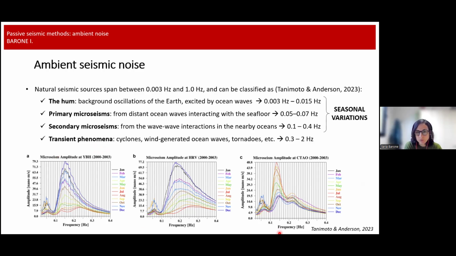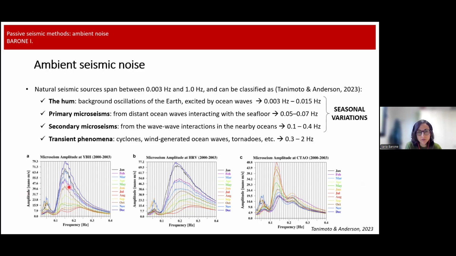What you can see from this plot on the bottom are 3 spectra. This is a station in California, this is another station on the East Coast of the United States, and this is a station in Australia. You can see many curves. These curves correspond to the average noise spectra in the different months of the year. And from this, we can see that we have a very strong seasonal effect.